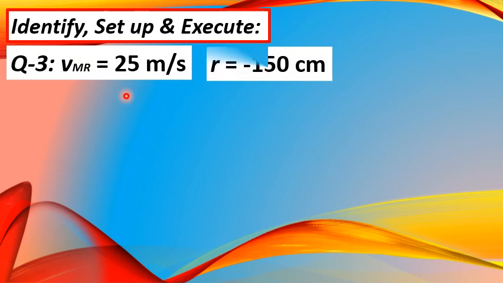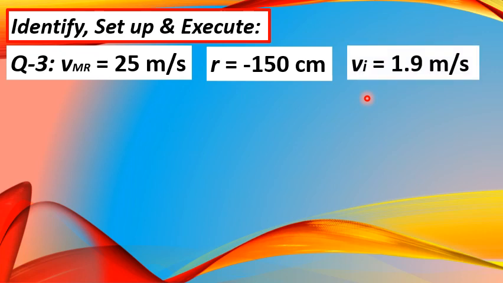For question number 3, we are talking about a convex side mirror whose radius, small letter r, is equal to negative 150 centimeters, on which you notice a truck approaching the vertex of the mirror at a speed of 1.9 meters per second.